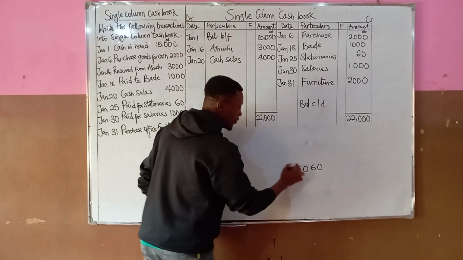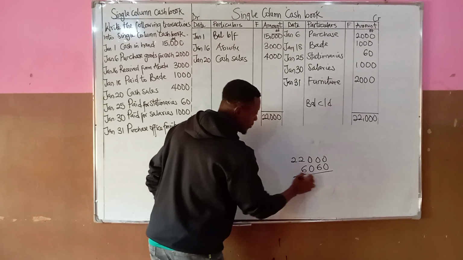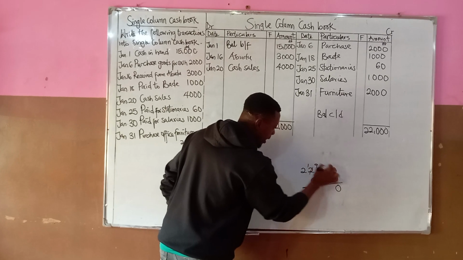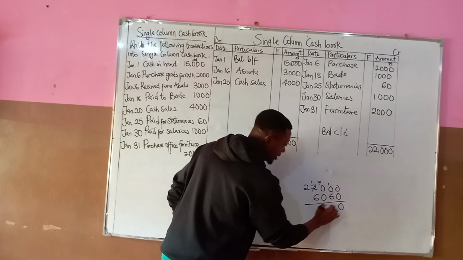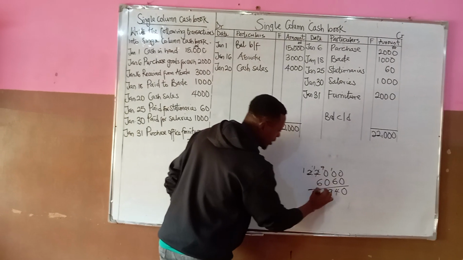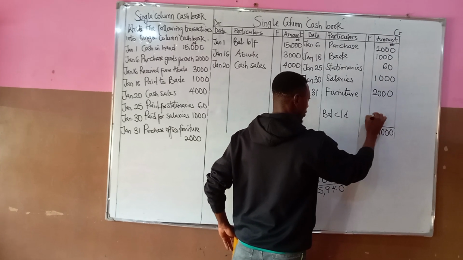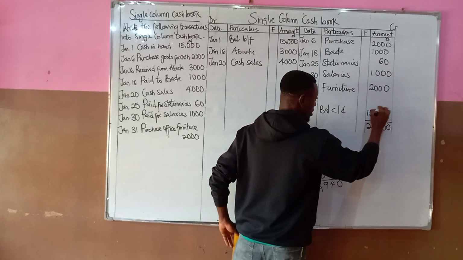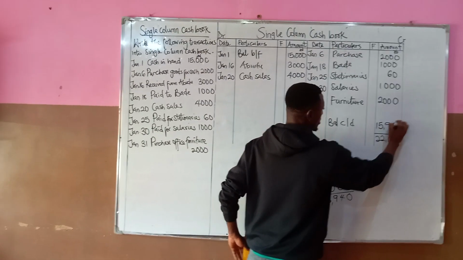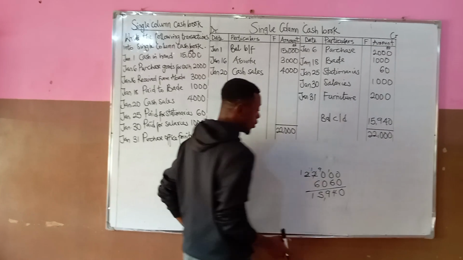I'm going to subtract it from 22,000, so we'll know how much we have. This gives me 0, then 110, I borrow, and so on. So the balance that I'm going to carry to our next accounting year is 15,940. Meaning when you sum all this together, it brings us to the amount we closed with.